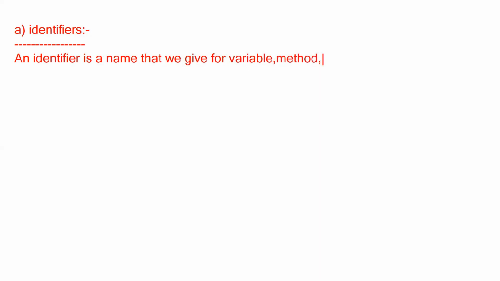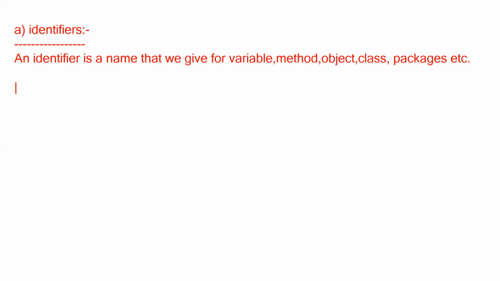That is nothing but an identifier. An identifier is a name that we give for a variable, method, object, class, package, etc. These are the names that we give for variables, methods, objects, classes, and packages.